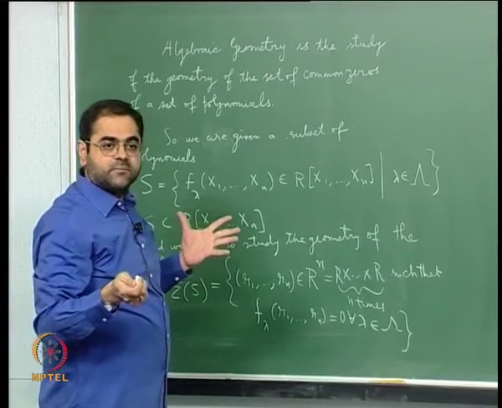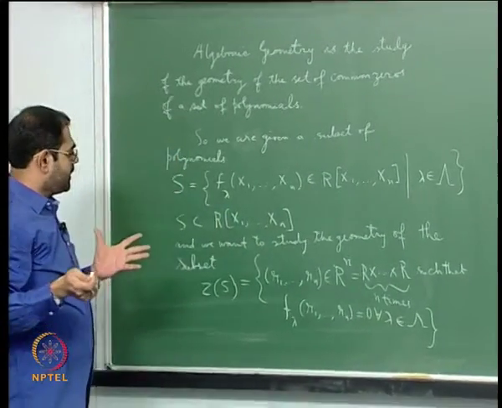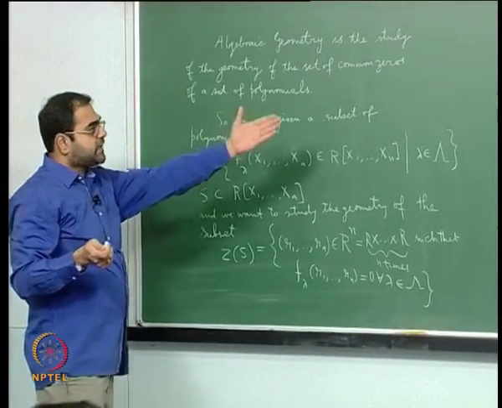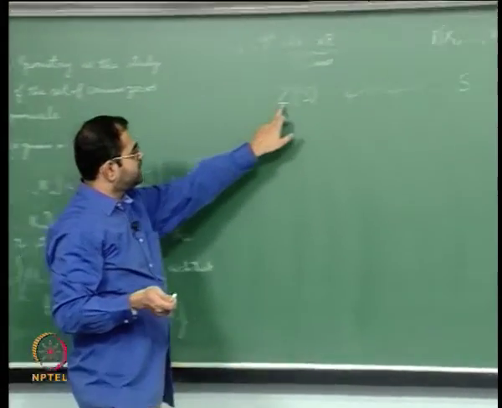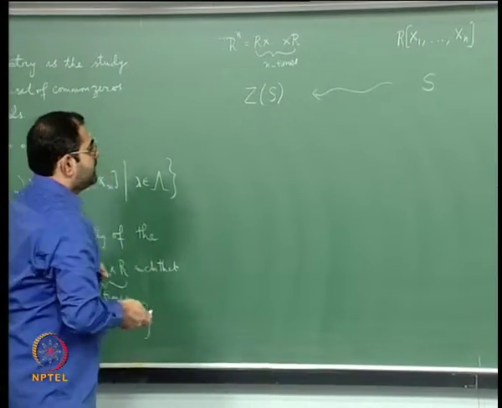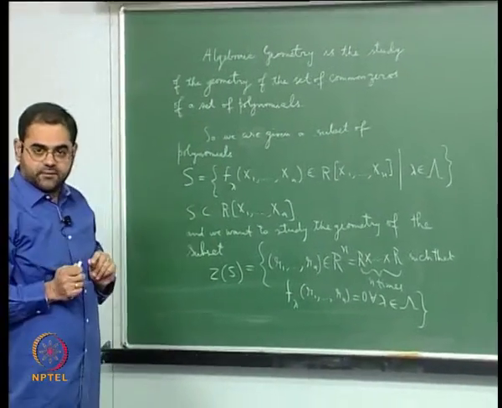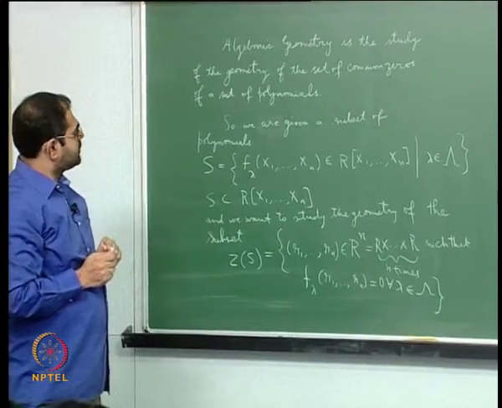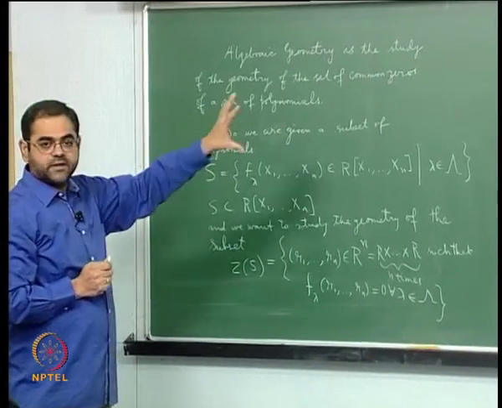And the purpose of algebraic geometry is to study the geometry of this common set of zeros, okay. So this is the general picture. You can see that already there are two sides to the picture.